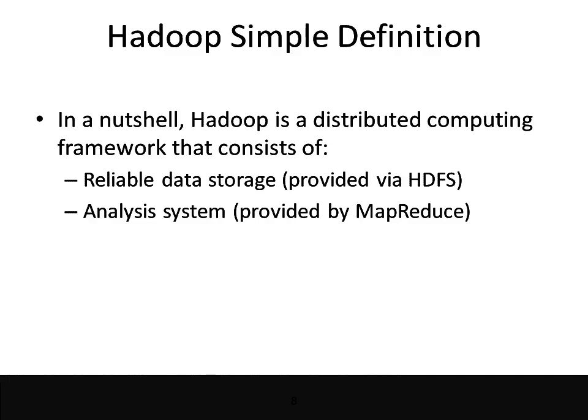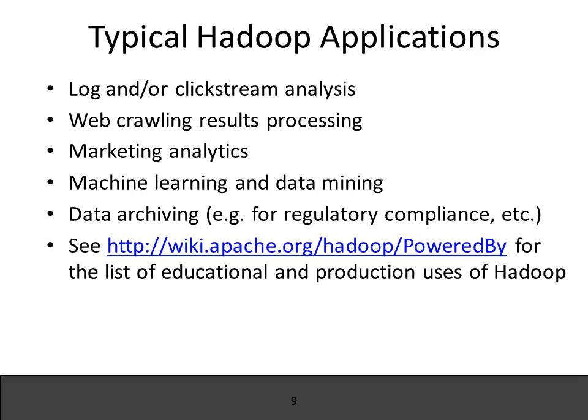And people have taken this platform and used it for a very large number of applications. So there's a reference here on the page for where you can look at some reference examples of what people are doing with Hadoop in production, many of which are very impressive.